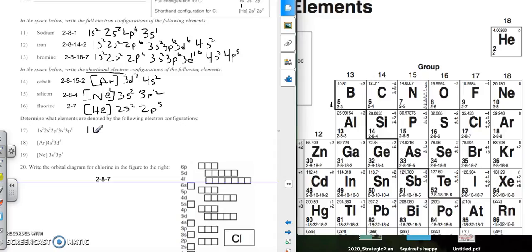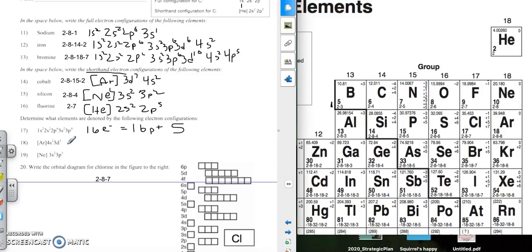So if we look up 16 electrons, we know that's going to be equal to 16 protons, and we know that the number of protons is the atomic number in the periodic table. So if you go over and find atomic number 16, we're going to see that that is sulfur. Okay, so really just count up the superscripts. That's going to tell you the atomic number, which will tell you the identity of the element to be sulfur.